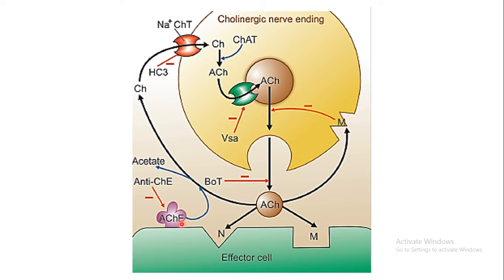AChE is the abbreviation for acetylcholinesterase. So it will act on ACH, which will be broken down into acetate and choline, and this choline is taken back with the help of this transporter, and it is recycled. It is used for synthesis of new molecules of acetylcholine.